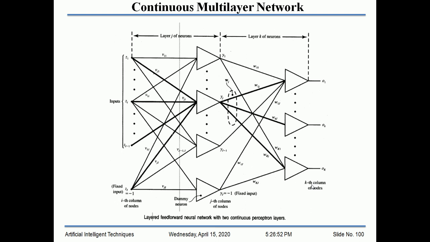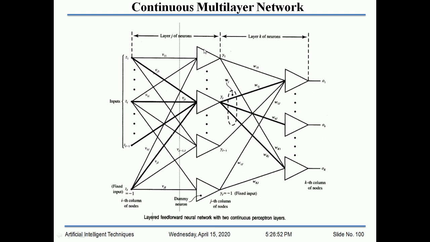What do you understand by a forward pass? Forward pass in the sense you are presenting the inputs, and you are calculating the output in a forward direction. First of all you are calculating the outputs y1, y2, y3 and so on up to yj.